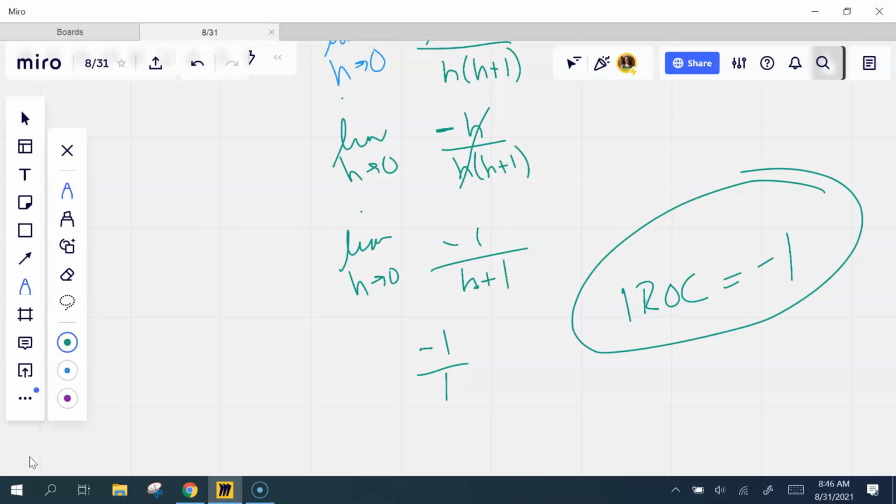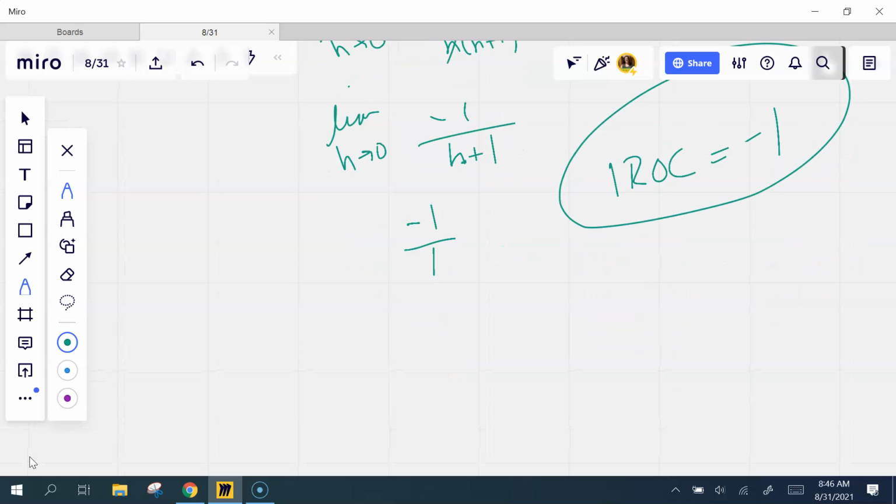So this part, IROC is also known as the slope of the tangent line at 1, which is -1. Part B says, what's an equation of the tangent? So what do I need to write the equation of a line? I need a point and a slope.